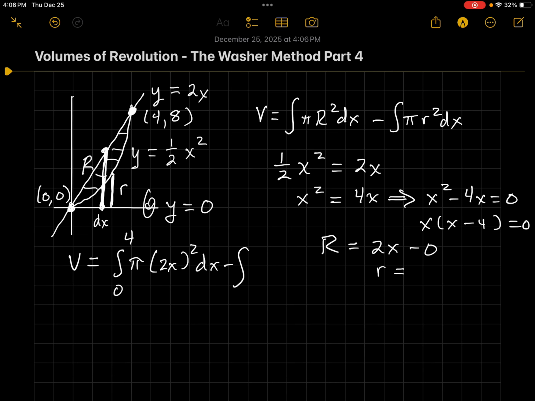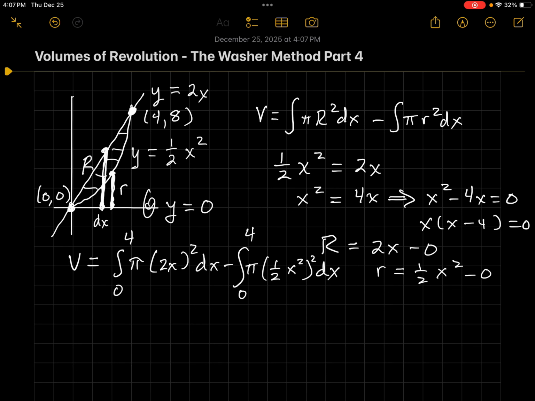My little radius over here, big Y minus small y. Again, I'll put these inside of parentheses. And that will give the volume if I revolve the region about the x-axis.